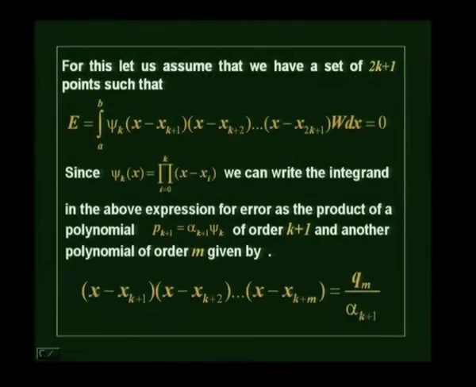Okay. So, I constructed two polynomials, one is p k plus 1 from this and the other is a q, in this case I have written as q m. I can go all the way up to k. M can go all the way to k. So, that is 2k plus 1 terms. So, this is one polynomial and that is another polynomial coming from psi k.